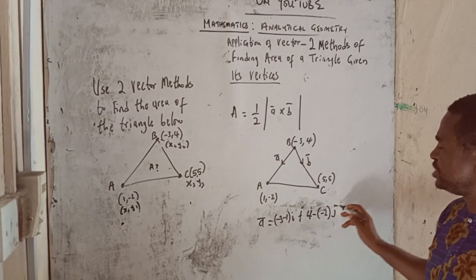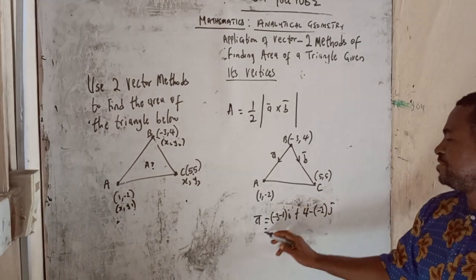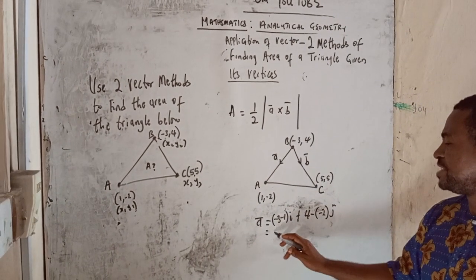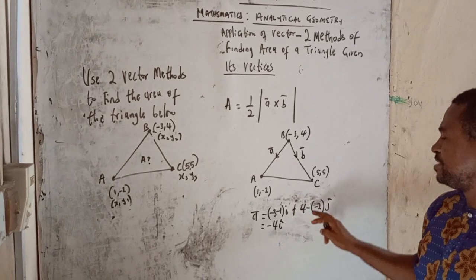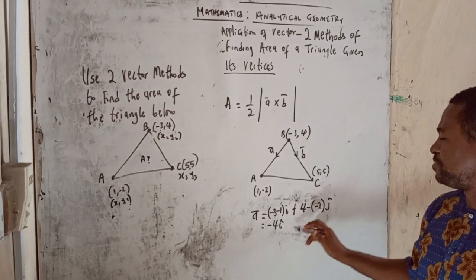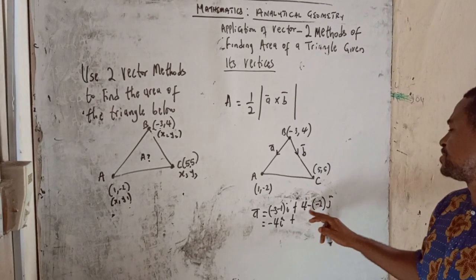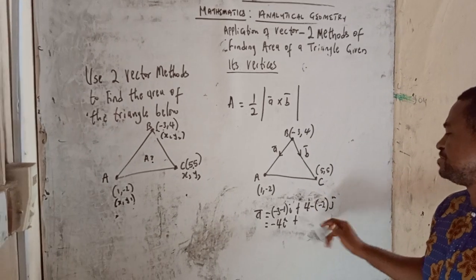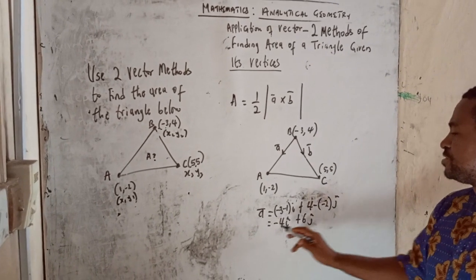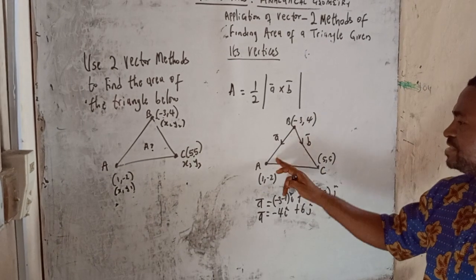Call it J. Now, minus 3 minus 1 is minus 4I. Minus times minus is plus, so 4 plus 2 is 6J. So this is vector A for this side.